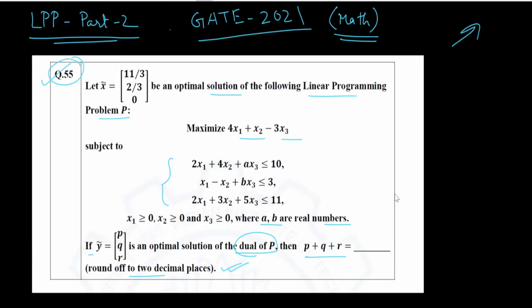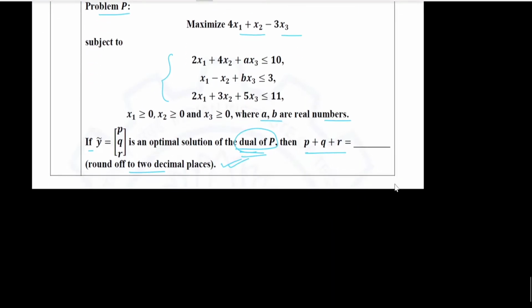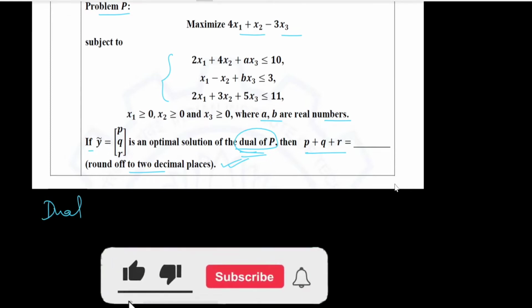Now first we write the dual of this linear programming, since the question is about the dual. So the dual of this linear programming is: minimum of z star.